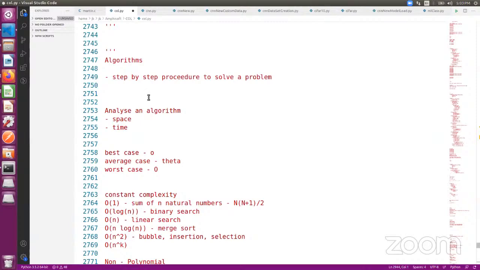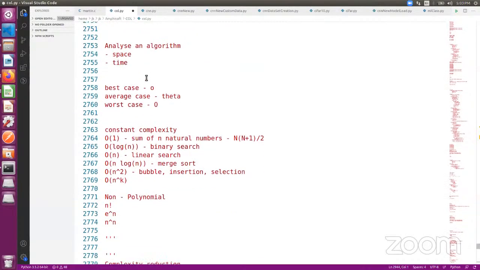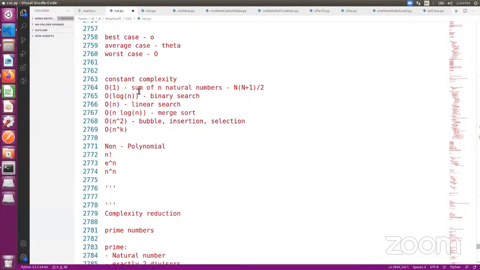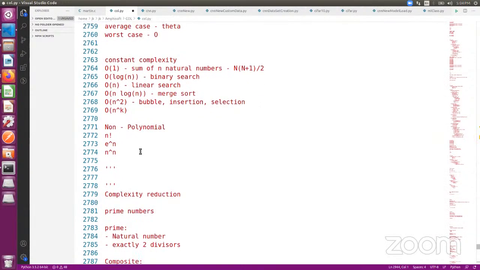We saw what an algorithm is and what factors we use to analyze an algorithm. We saw the different cases: best case, average case, and worst case. And we saw the different time complexities. The first one was order of 1, then log n, n, n log n, n square, and then non-polynomial complexities.